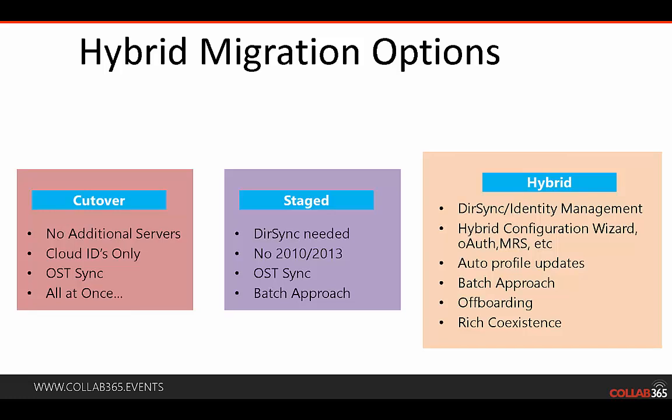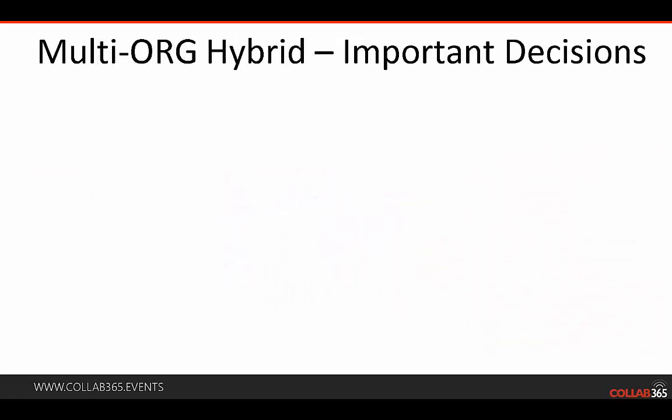All right, let's move on to the next slide. All right, multi-org hybrid. This is the most important decision of today. This is the main topic of today. So what do you have to consider in a multi-org hybrid deployment? This is what I'm going to explain in this slide.